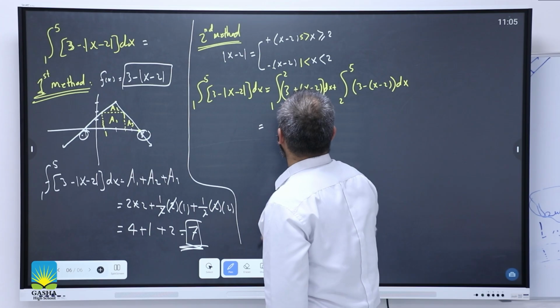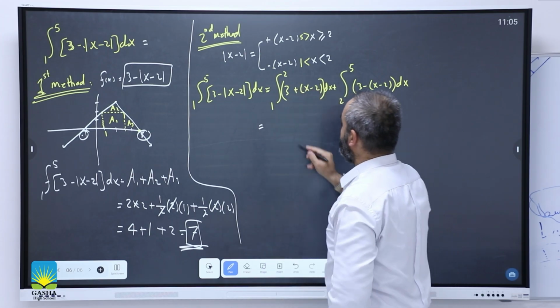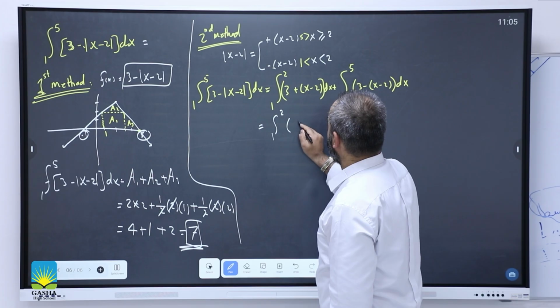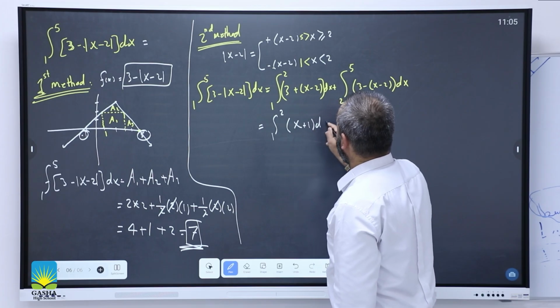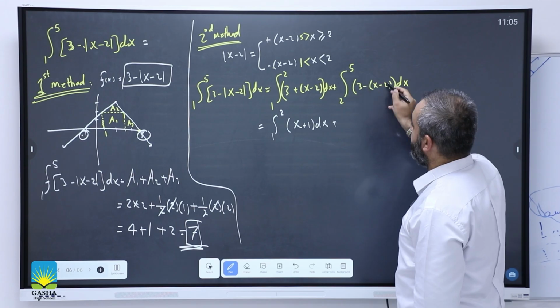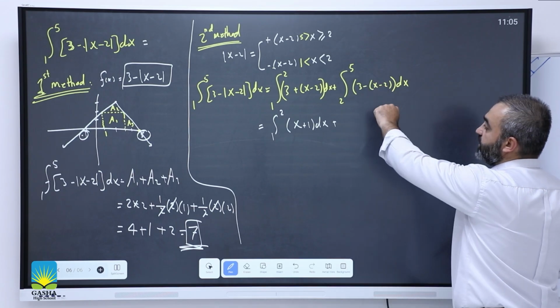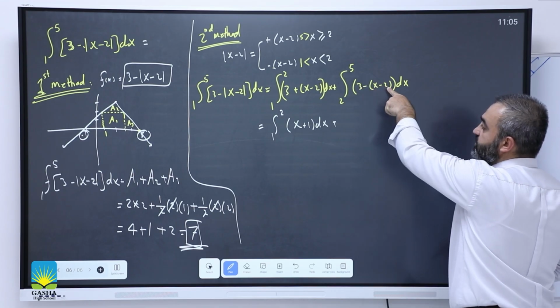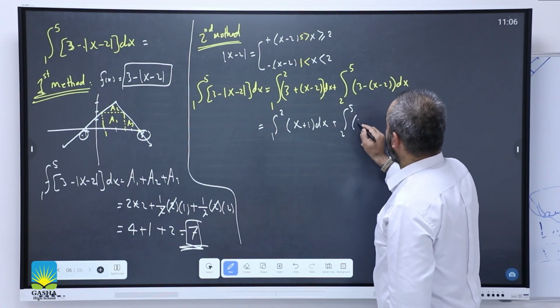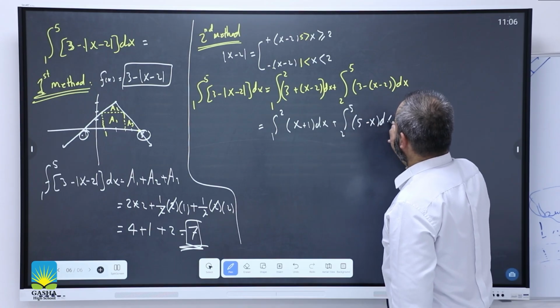So what about this integral? 3 minus 2 is 1, so the integral from 1 to 2 of x plus 1 dx, plus. And if we apply the negative inside the bracket, it becomes 3 plus 2, 5, so the integral from 2 to 5 of 5 minus x dx.